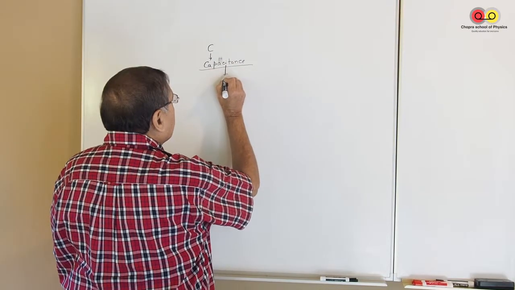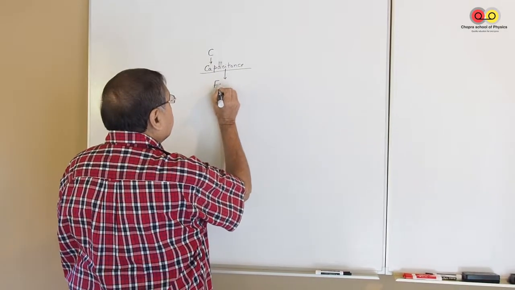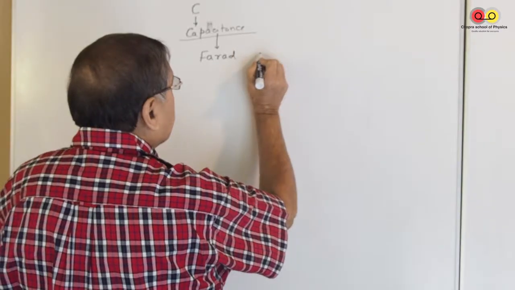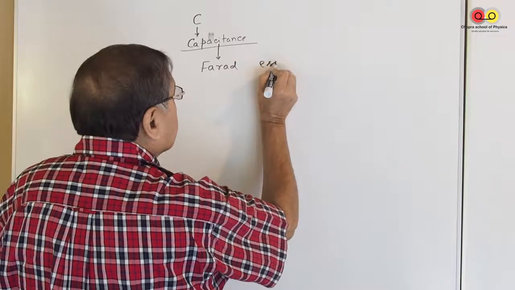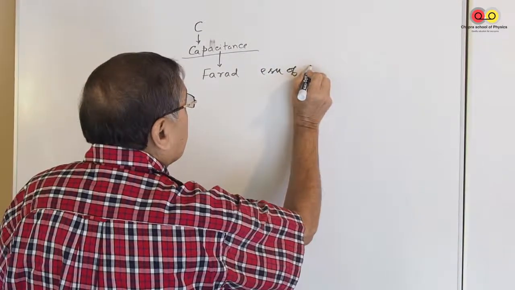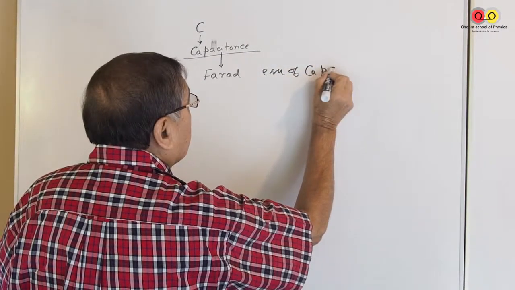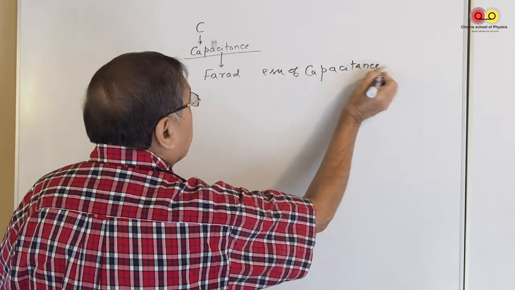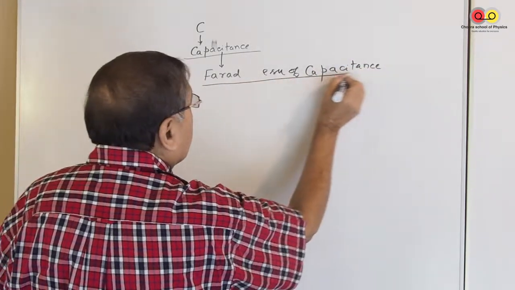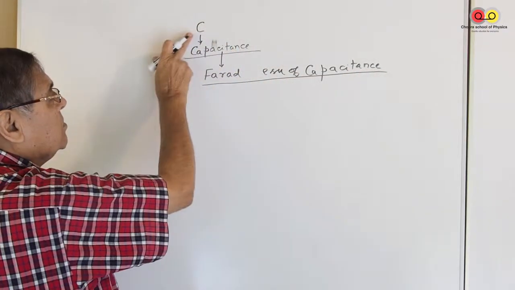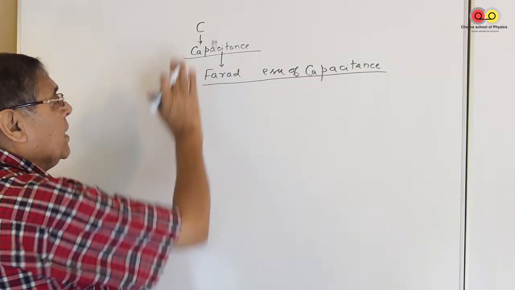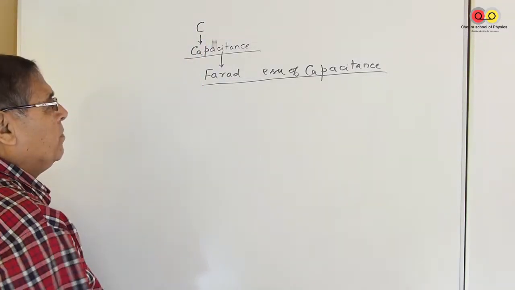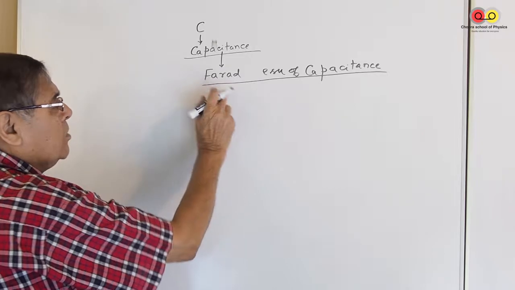Capacitance, its unit is either farad or its unit is the ESU of capacitance. Once more I will repeat. For capacitance, the symbol is taken as C. It's a universal symbol, internationally accepted, and the unit is farad.